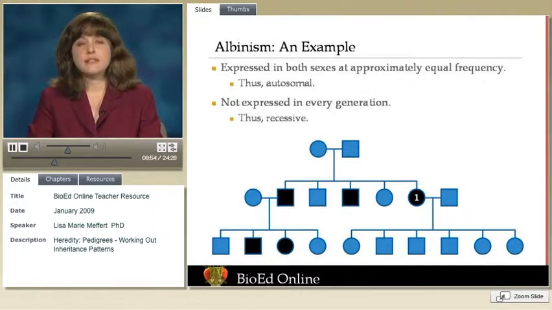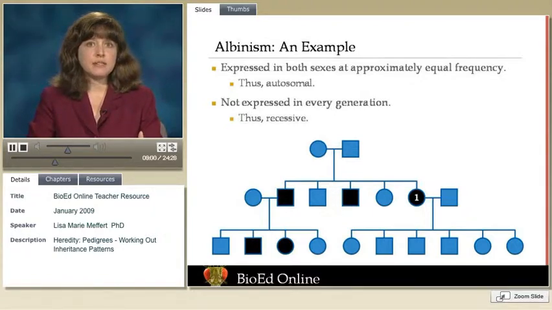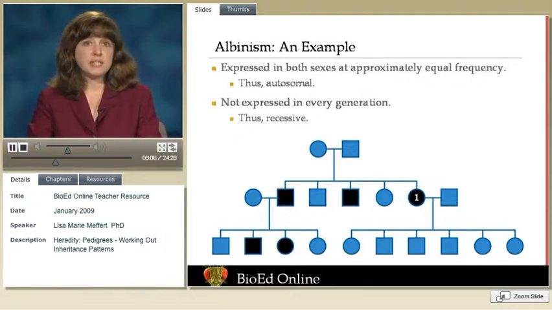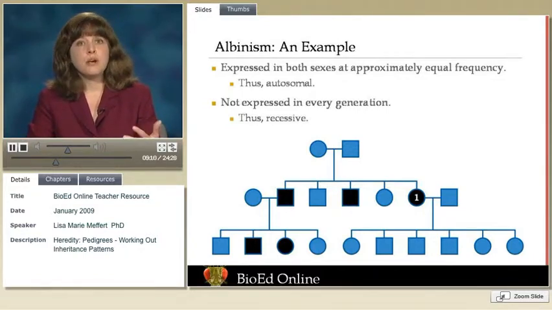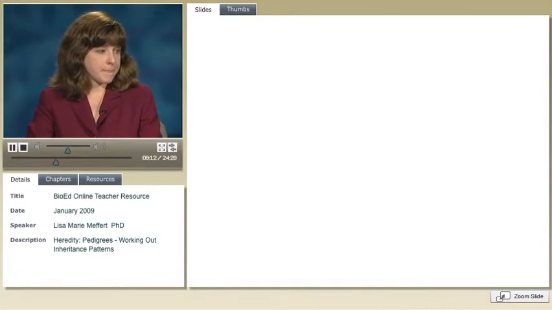Therefore, you can say this is probably a recessive trait. We call the individuals who carry the recessive allele but express a normal phenotype because they're heterozygous carriers. They're carrying the recessive allele, but it's hidden underneath the dominant allele for normal pigmentation.